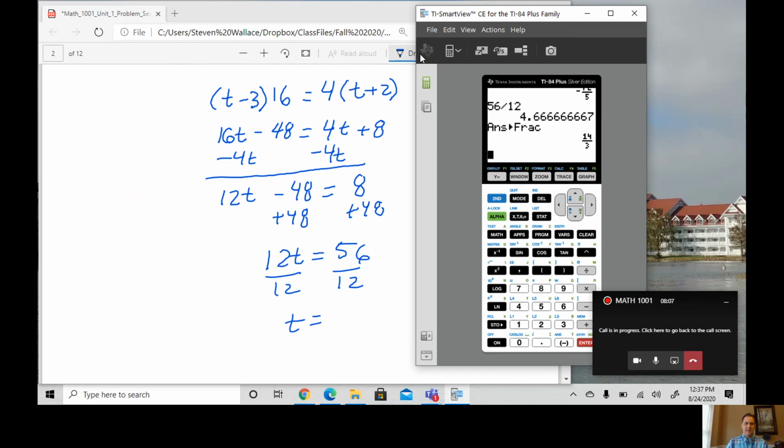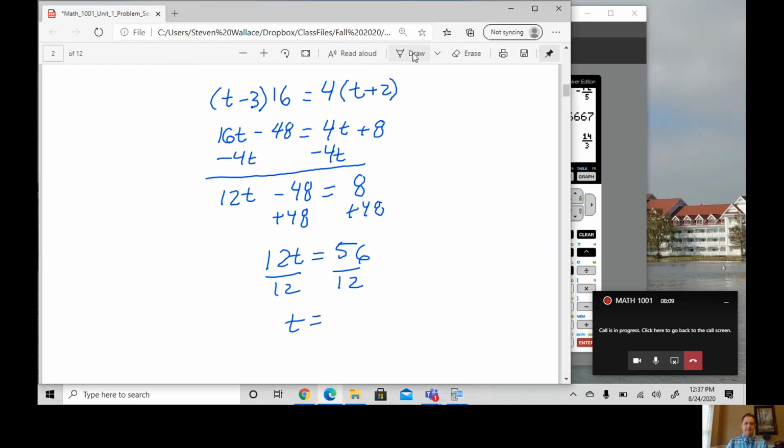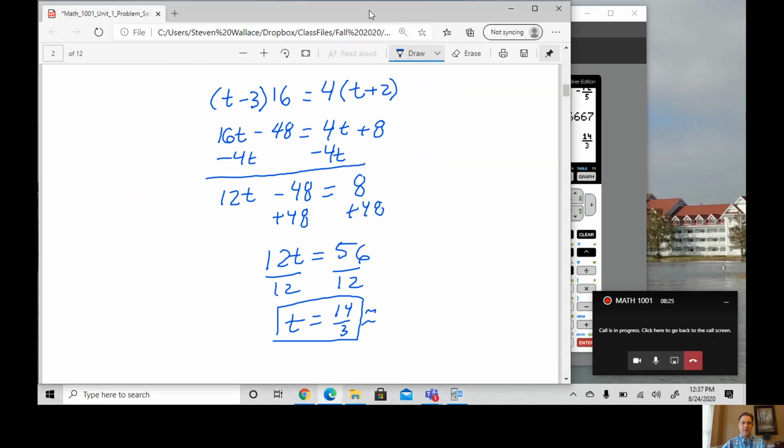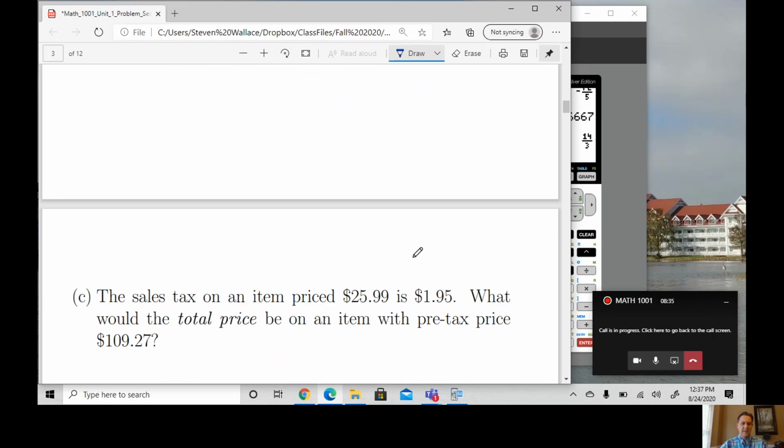So that's 14 over 3. Of course, if you need a decimal, that's about 4 2/3, right? Okay, what's next?